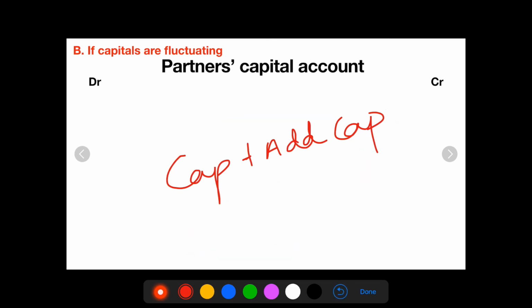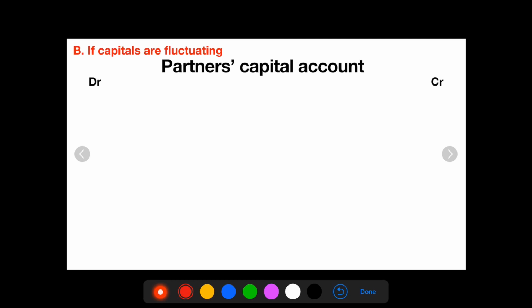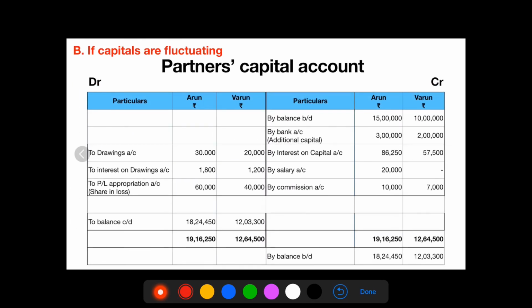So let's work out the solution. If capitals are fluctuating and we are preparing only partners capital account, first we bring in the opening balances of the partners capital, 15 lakh and 10 lakh, additional capital 3 lakh and 2 lakh.